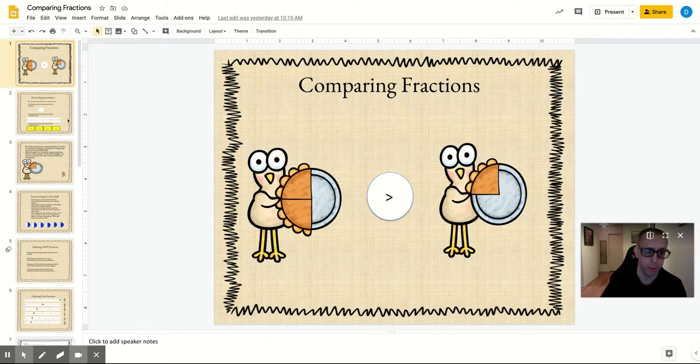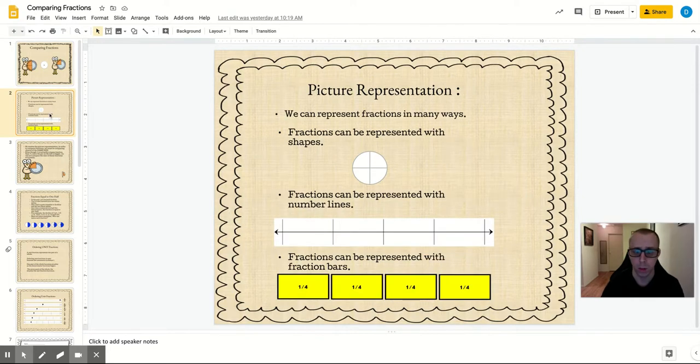Okay, so very quickly to review, we talked about the different types of picture representations that fractions can be seen as. We can have shapes, number lines, fraction bars. These are not the only ways that fractions can be represented. Fractions can be represented as a set of numbers.